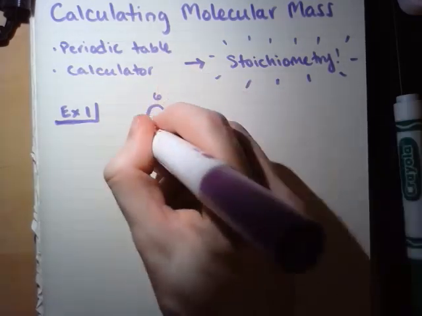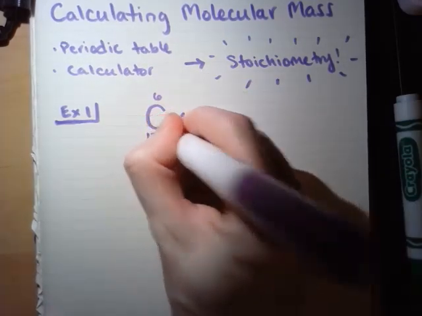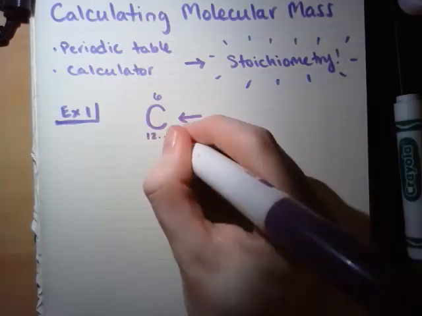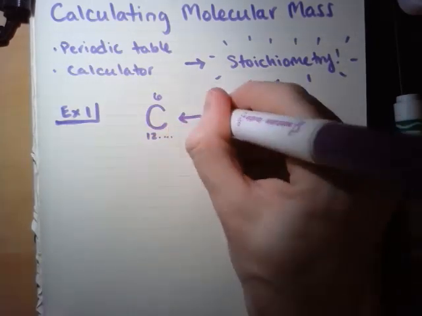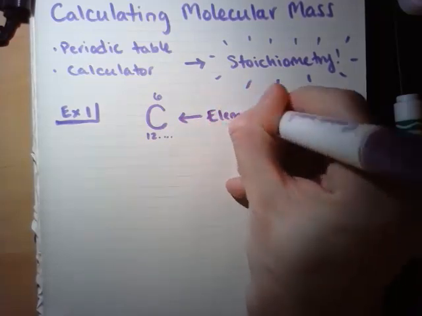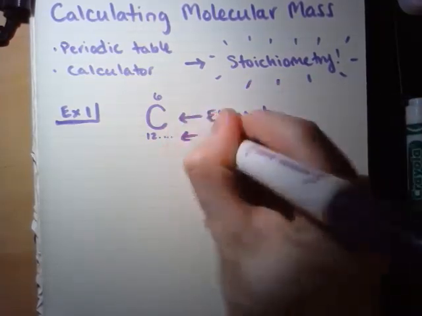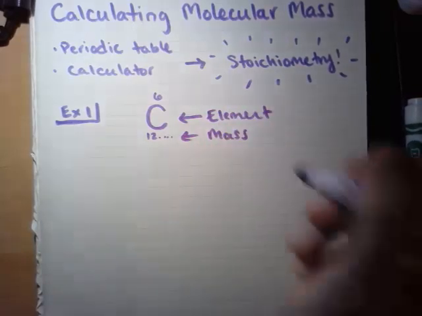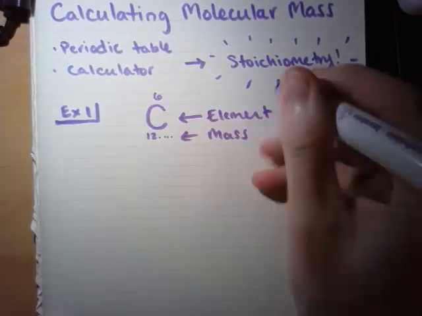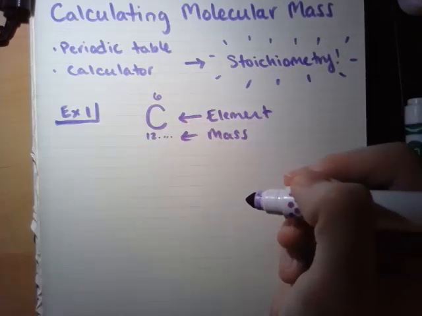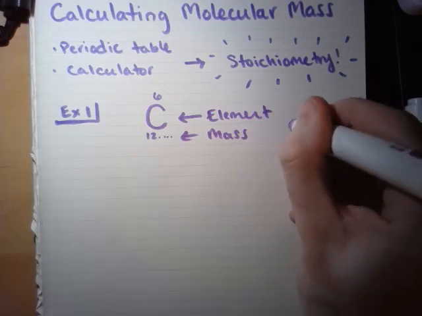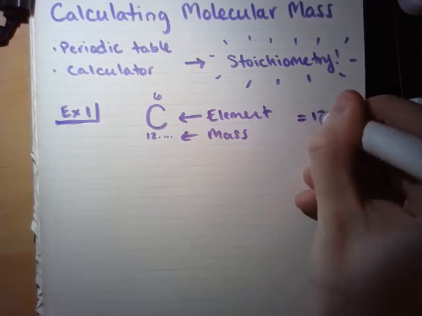But then it also has a 12 point something down here. This 12 point something number is going to be the mass. So this is your element, and this is the mass of that element. Since it says 12, we're just going to round that to the nearest whole number for right now, just to make things a little bit easier. So the mass is 12 for this one.